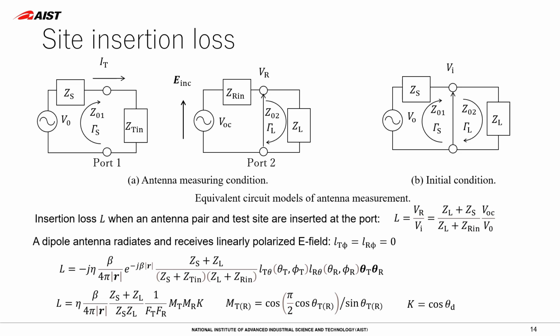Since a dipole antenna has an omnidirectional radiation pattern in the plane normal to the element axis, and a relatively broad radiation pattern in the plane containing the antenna element axis, the measured site insertion loss is less sensitive to deviation from the ideal element alignment. This will be touched on again in the uncertainty analysis.